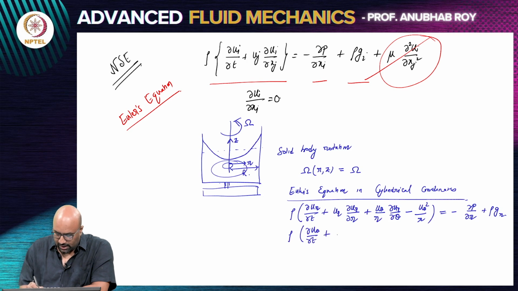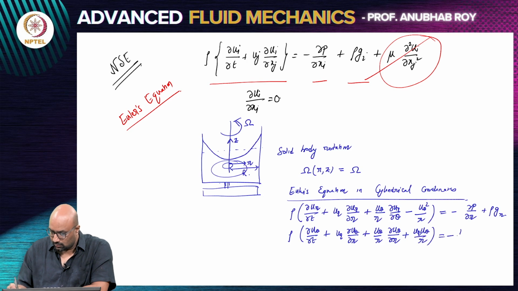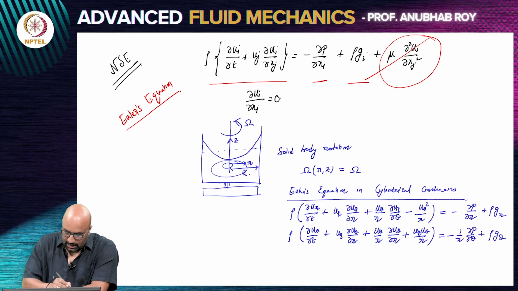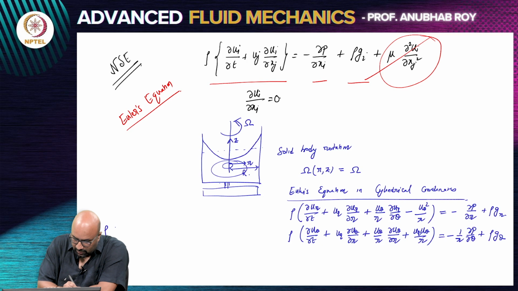So, that was my radial component. Now, I am writing my azimuthal component. And I would have one more component, which is my vertical component.